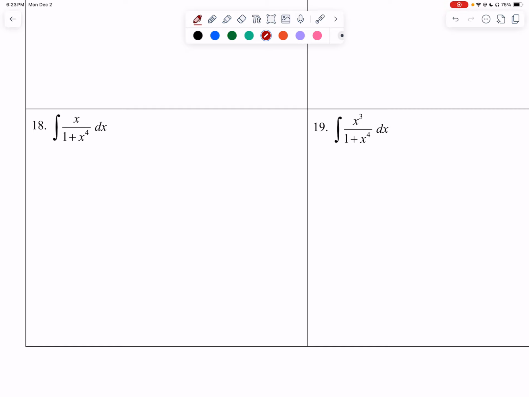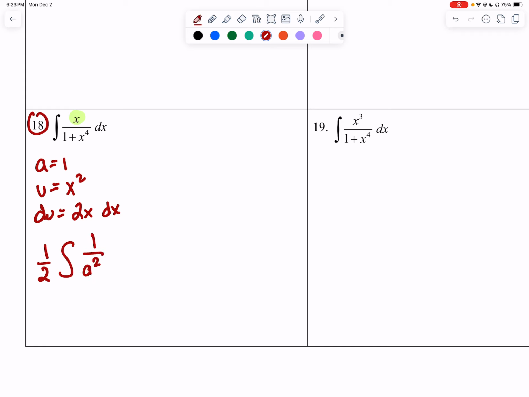Now, if it's inverse trig, like number 18, your a is going to be 1, and your u is going to be x squared, which means that du is 2x dx, which works because then that's going to cancel out with the numerator here. Now, if I simplify this, I'm going to get 1/2 the integral of 1 over a squared plus u squared du.